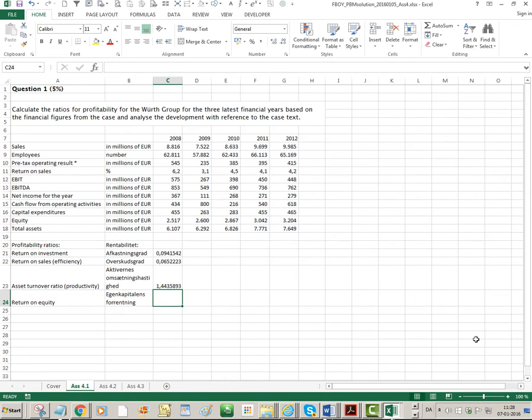And let me just see here. Yes, so here we need some kind of profit criteria where the interest has been taken out. Do we have something like that? Net income of the year we could use. This is probably after taxes.